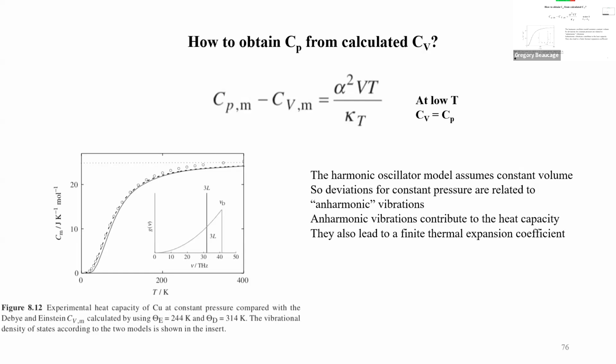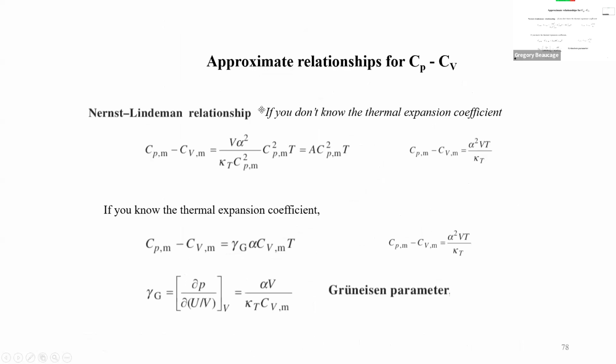So all these are from CV, right? Basically you're going to measure CP. So somehow you convert that theoretical CV to CP. I'll talk about that next time. This uses this Grüneisen parameter to do it.